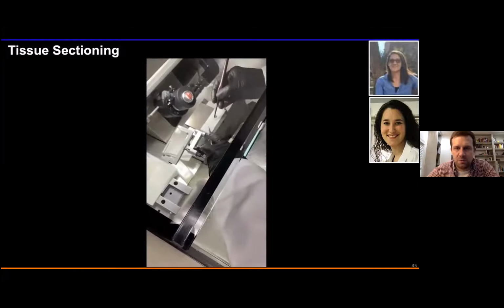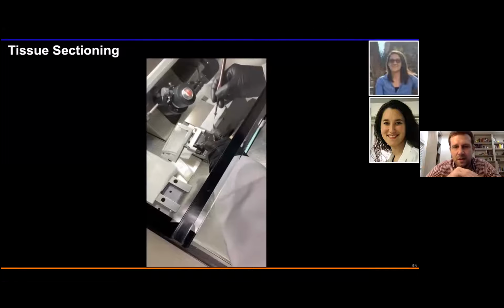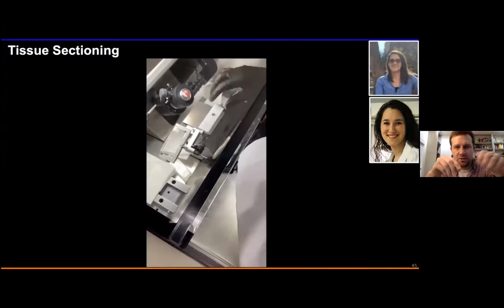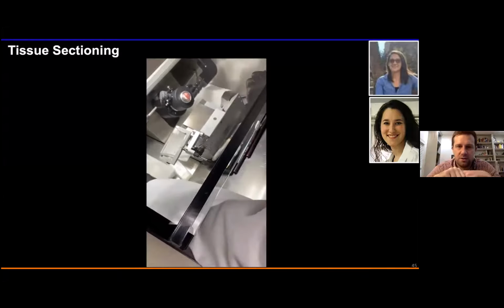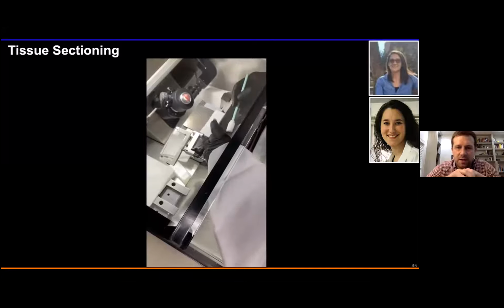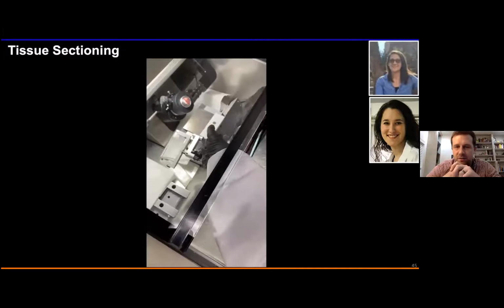We then use some artist paintbrushes to remove the tissue section and position it onto a Teflon coated slide, which Chelsea is doing at the moment. So she's making sure there's no folds or tears in the tissue as she positions it. And then she's going to take our microscope slide, ensuring that it's free of particulates, and then she's going to basically pick up that tissue off of the Teflon slide.